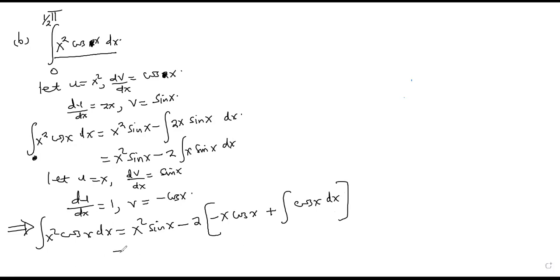So it's going to be x squared sine x minus 2 into negative x cos x. Then when we integrate this, you get plus sine x, and then a constant.